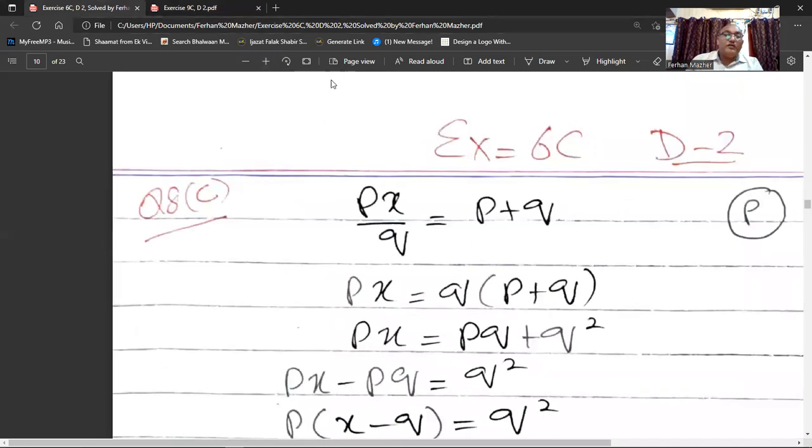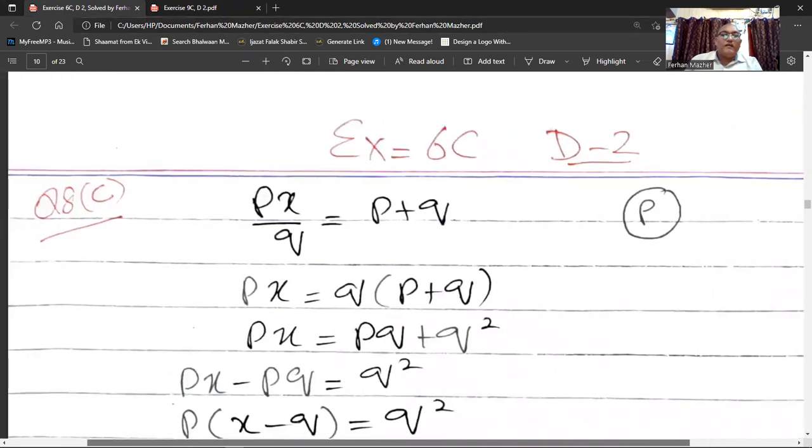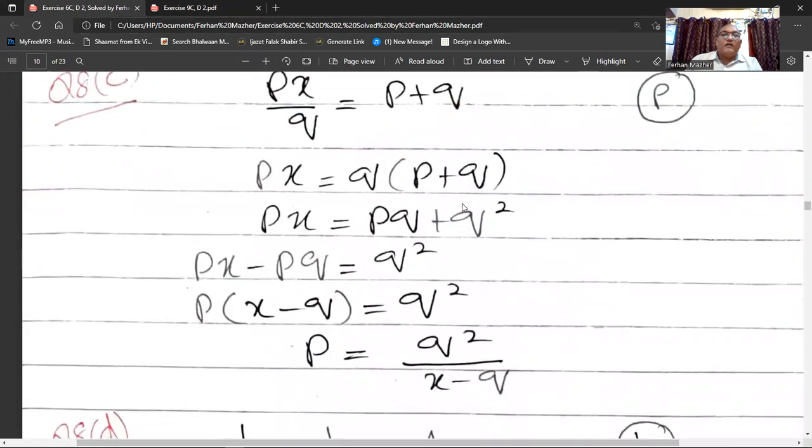So we have px by q equals to p plus q. So first of all, take that q to the other side. So px will be equals to the q bracket p plus q bracket close. So px will be equals to the pq plus the q square.